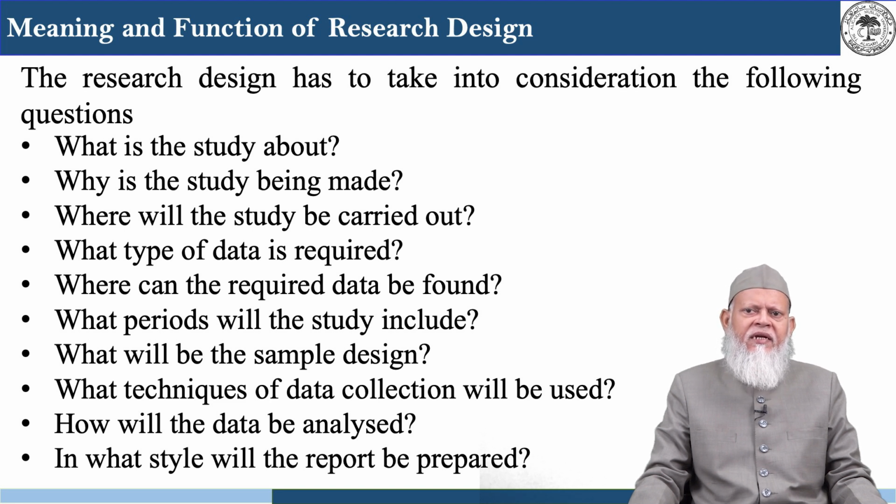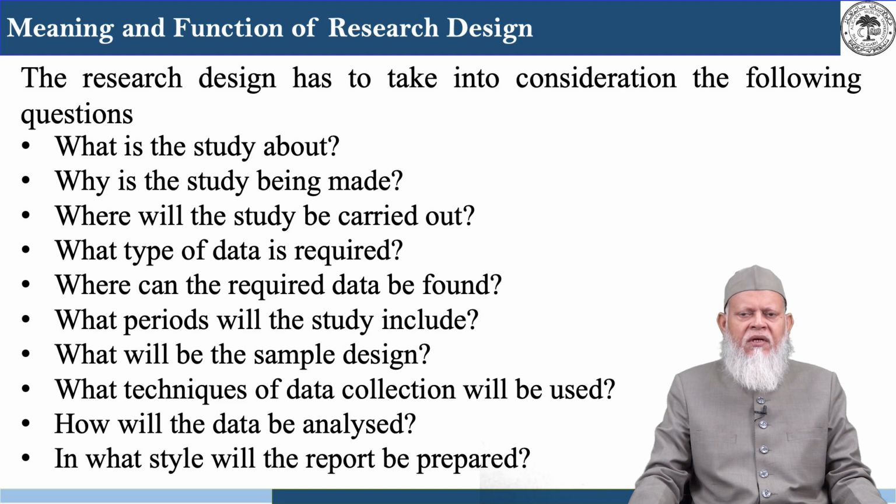What type of data is required? Because there are problems in which we have to have the primary data. We do not have any alternative. And there are problems in which we have to have the secondary data. There is no alternative. So, what type of the data would be required?